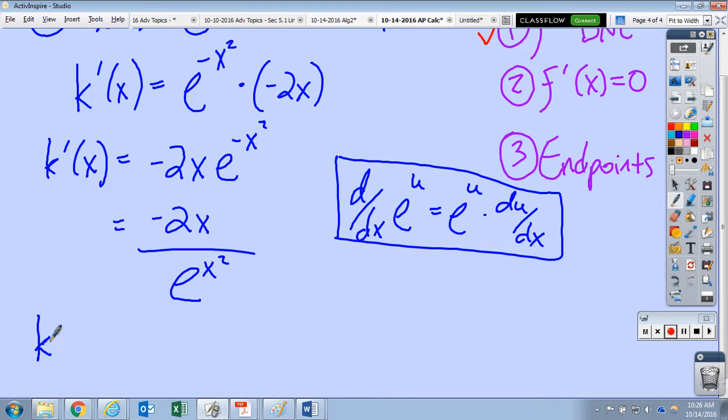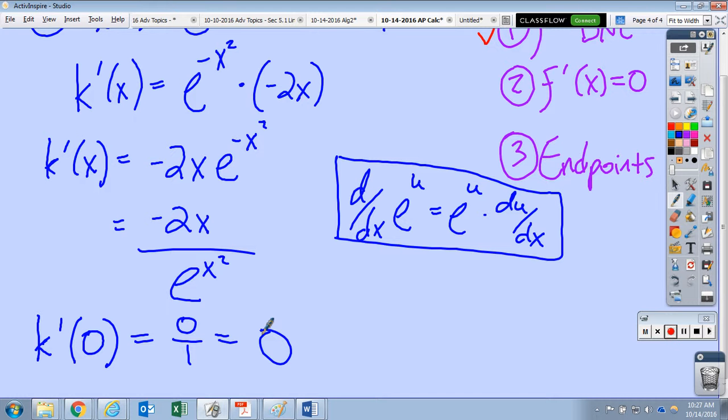So k prime of 0 would give you 0 over 1, which equals 0. Now, would we plug that 0 back into the original equation?